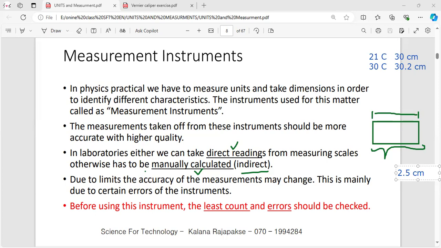Now we know there's a 0.2 centimeter error, so it is a plus error. To get rid of the plus error, we have to reduce it by 0.2 centimeters. So now the correct value, the indirect manually calculated reading, is going to be 3.3 centimeters. So that is one example.